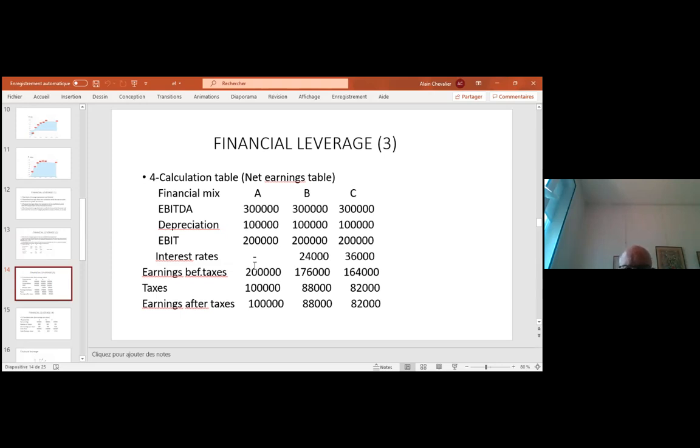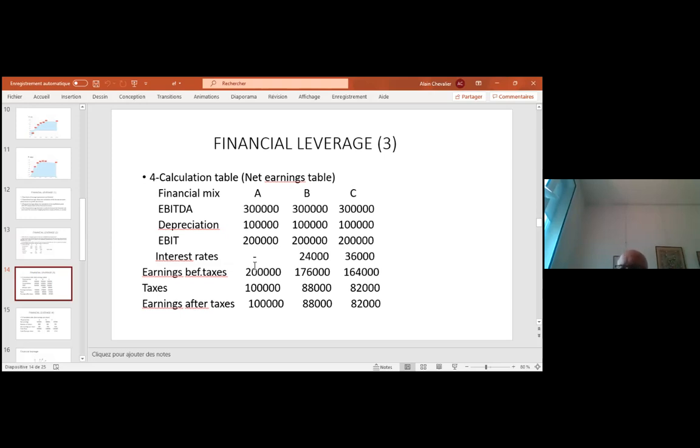If we take the last case here, 200,000 minus 36,000, it's 164,000. And what you see, of course, is that when we increase the level of debt, the percentage of debt in the financial structure, we increase the level of interest and we reduce the earnings before taxes. That's one of the consequences.